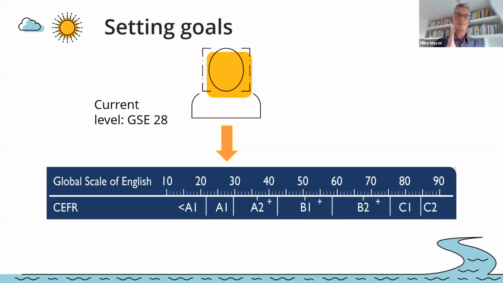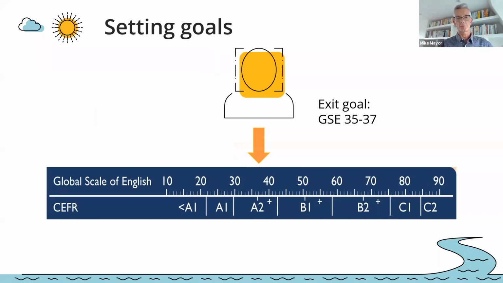So if you place your students at the beginning of the year, so here's my student placed at GSE 28, which is kind of the top of A1, and I know that my director of studies has said that they need to get to kind of mid A2+ by the end of the year.